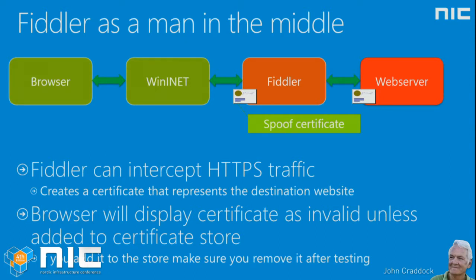That all works absolutely beautifully, except there are two things you need to know about. Number one, you are spoofing a certificate. You are capturing people's information that they put in the browser. So if you do have to ask someone to do this remotely, and we've had situations where we've had developers all over the world working towards one federated portal, and some developers have been having troubles, what we've got them to do is run Fiddler.